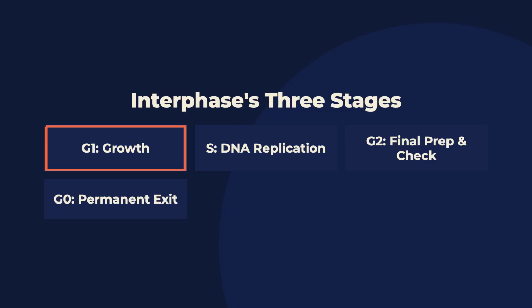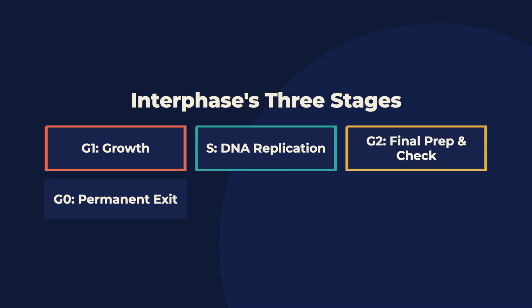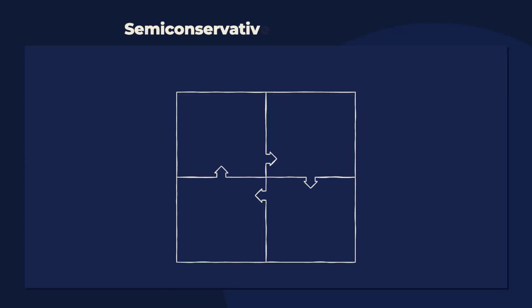The first gap phase, G1, handles growth and routine metabolism. The synthesis phase, S, replicates the DNA. The second gap phase, G2, finishes growth and checks the new DNA for errors. Cells like neurons and cardiac muscle can exit permanently into G0, which is why heart and nerve damage rarely heals.